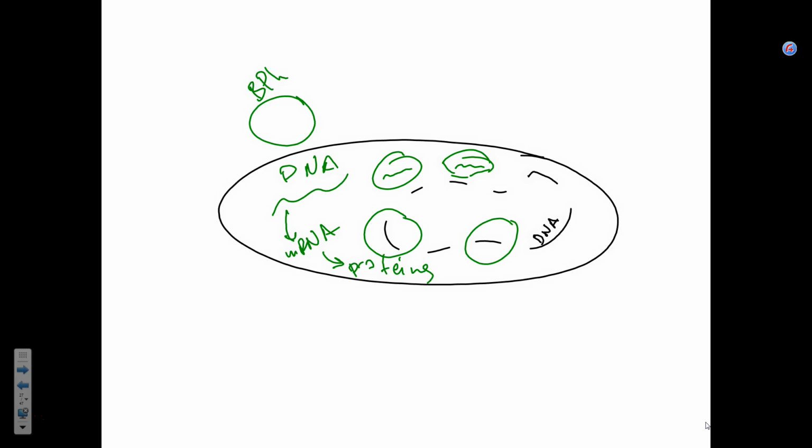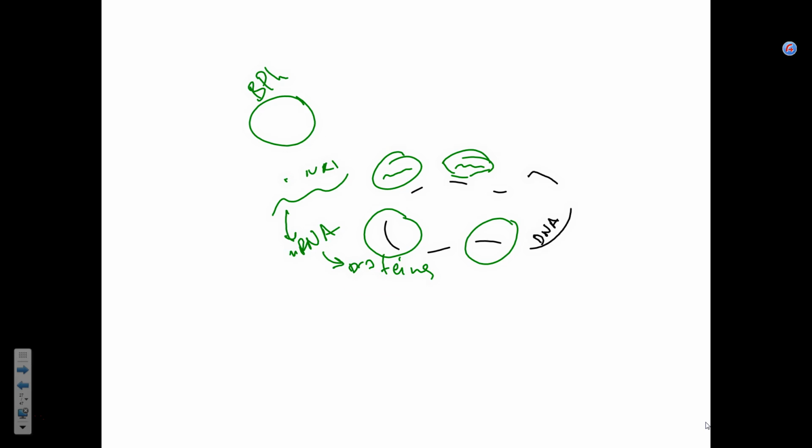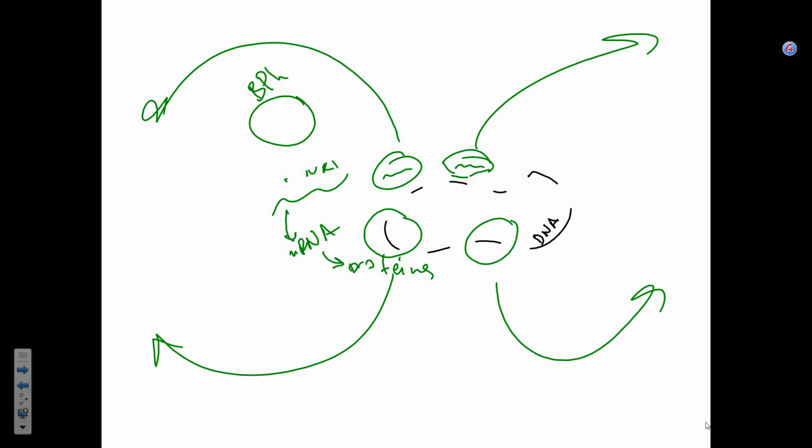The final step would be for this cell to get totally destroyed. But these guys will go to infect other cells. Now, this bacterial DNA fragment will get transferred to another cell. Does that make sense?